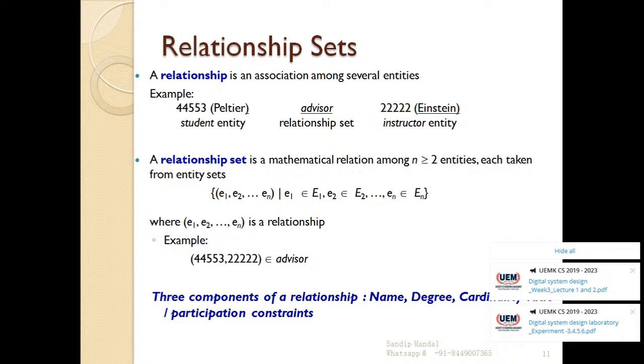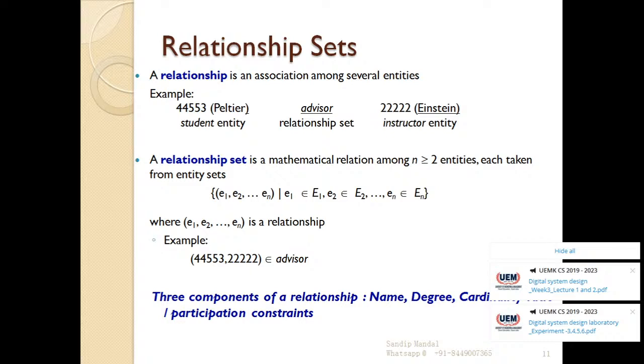So what is it? A relationship set is a mathematical relation among n greater than or equal to two entities, each taken from an entity set. The meaning is that a relationship set exists when two entities are connected through multiple relationships, or when multiple entities are connected with multiple relationship sets.